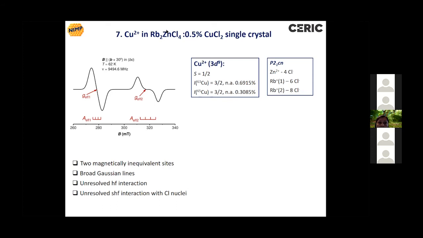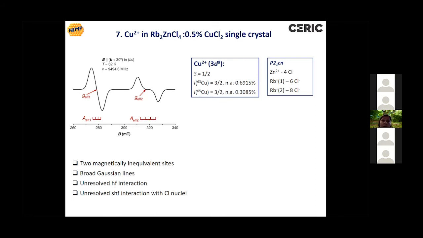And the copper ion can be inserted into the lattice in 3 different sites. So this single crystal has a zinc 2+ position coordinated by 4 chlorine ions, and there are 2 different rubidium positions with different coordination. And this localization would give very different EPR spectra.